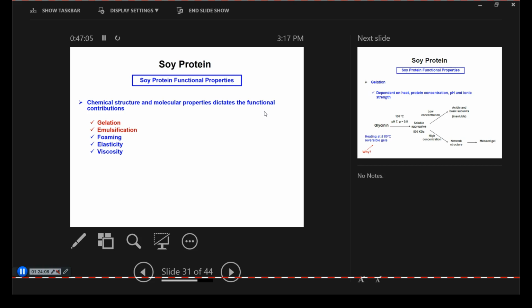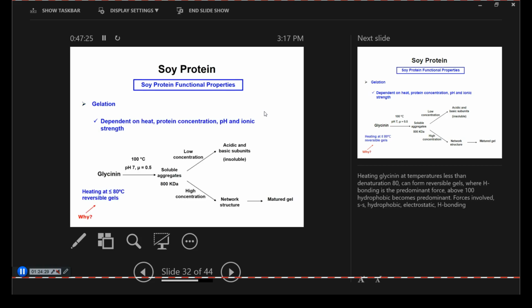So they're not really soluble under acidic conditions, and they're not picked for acidic beverages. If they're incorporated, they would be in a blend with whey protein and at low inclusions. But they are good at gelation and they are good in emulsification.